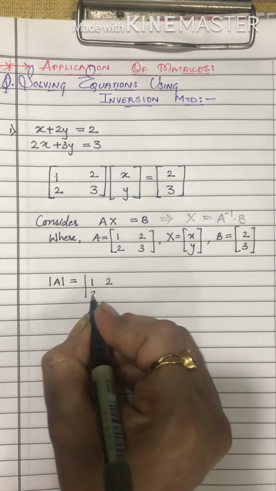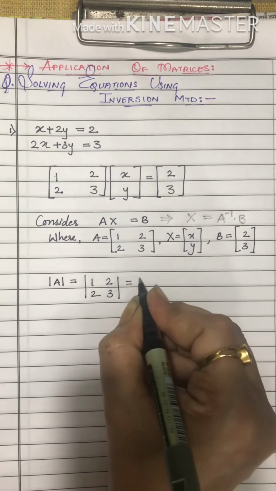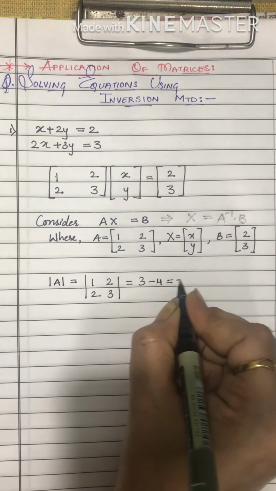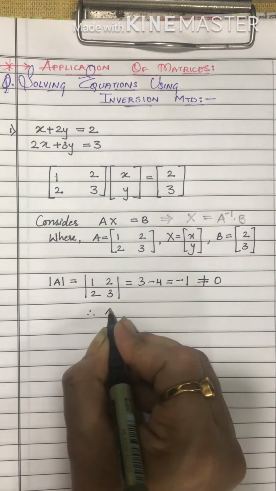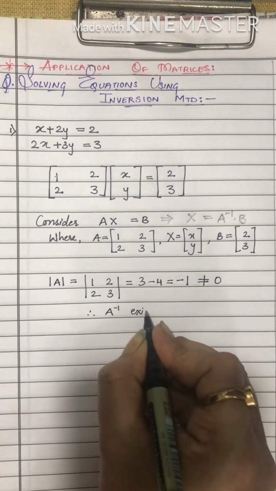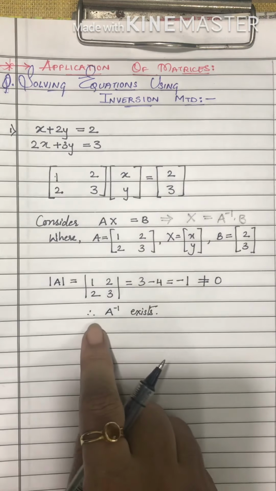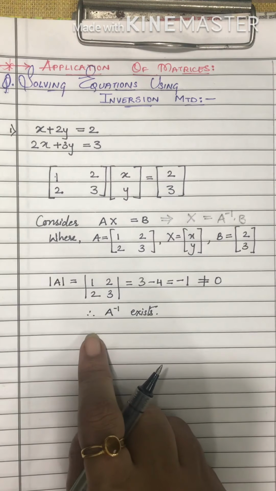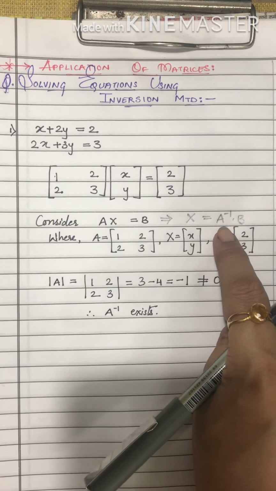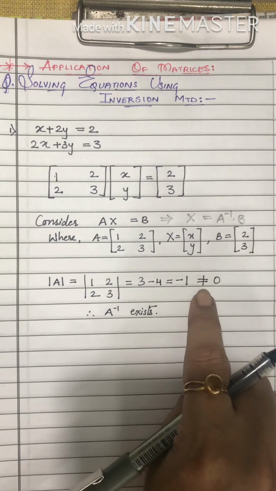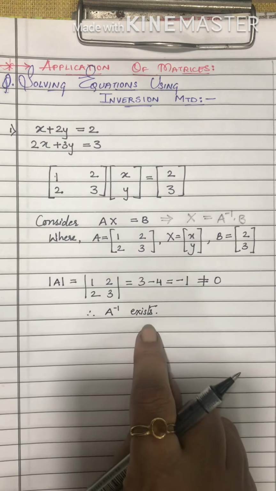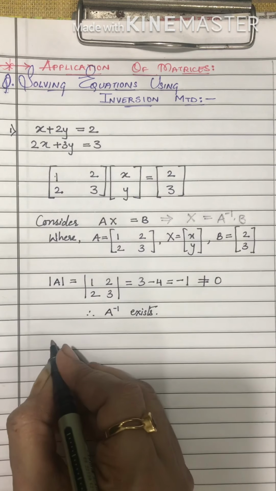Let's solve this quickly, and we get 3 minus 4, that is minus 1, which is not equal to 0, which says that A inverse exists. Very important step for every sum where we are trying to find the inverse of a matrix. Always find out its determinant value. If it comes not equal to 0, that means the inverse exists, and then we can solve further.